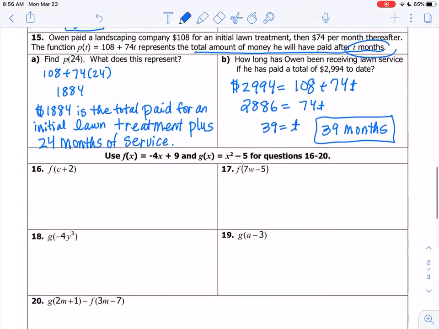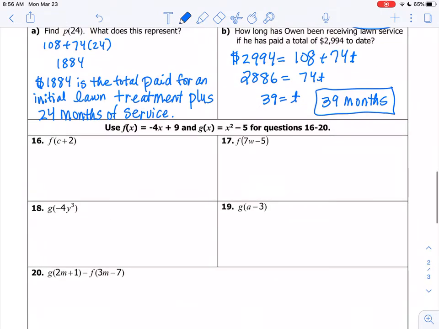All right, this last little section, they tell us to use these for the other questions here. So on number 16, f of c plus 2. So we take our f of x function and we plug in c plus 2 everywhere x is and solve. So we have distributive property right there. So negative 4c minus 8 plus 9.